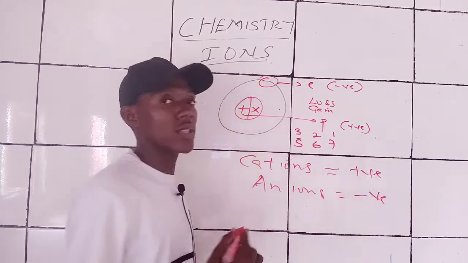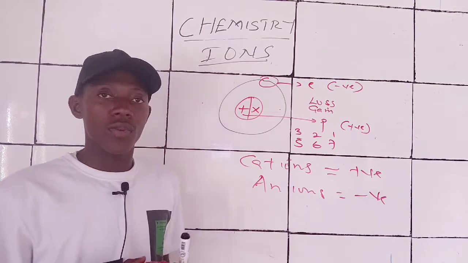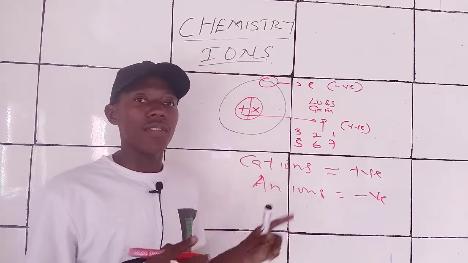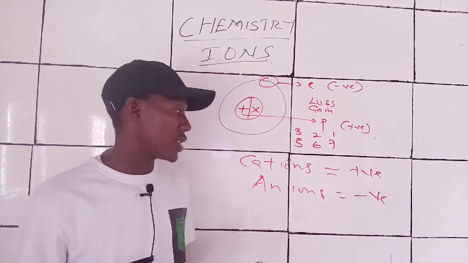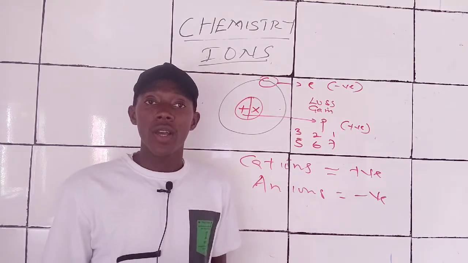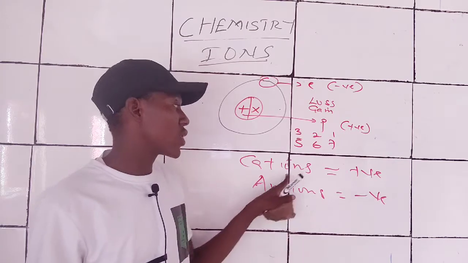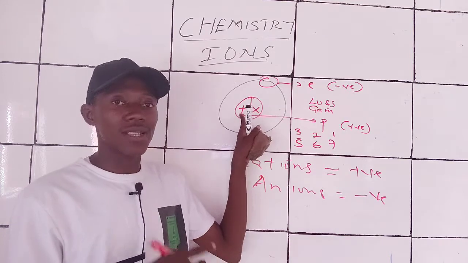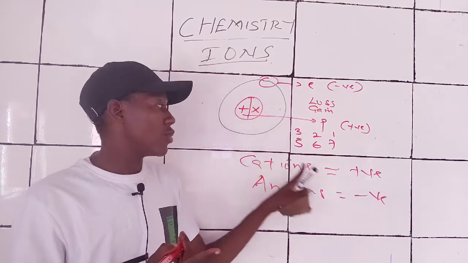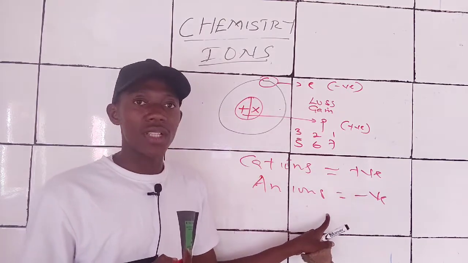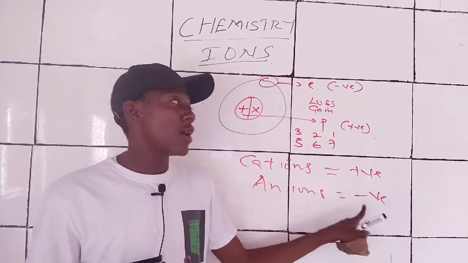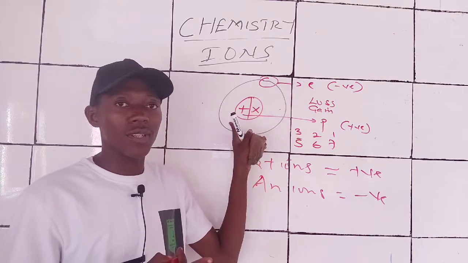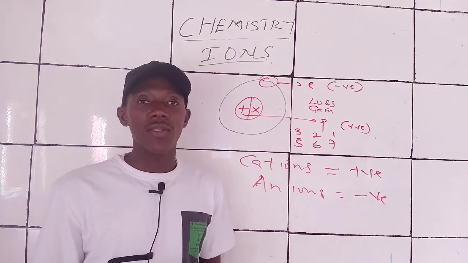So whenever you see an ion written with a positive charge, it means that ion is a cation. If you see an ion written with a negative charge, it means that ion is an anion. The reason is that cations are positive because they lost electrons, thereby making the atom excessive in protons, while anions have negative charge because they gain more electrons, making the electrons more excessive than the protons, making them negatively charged.